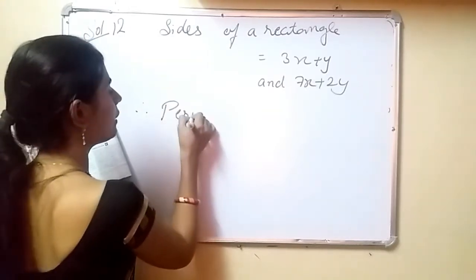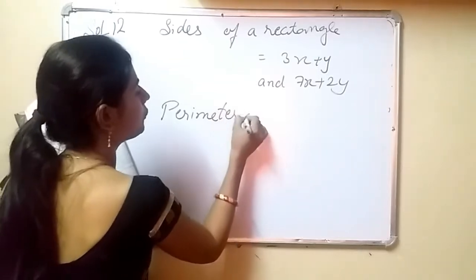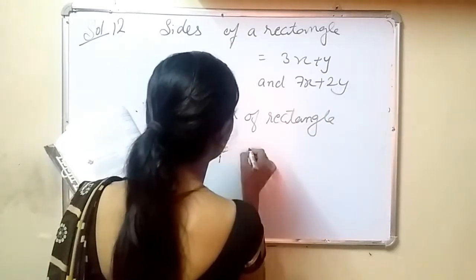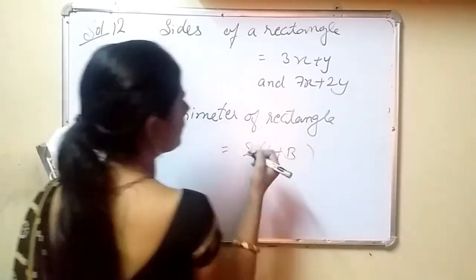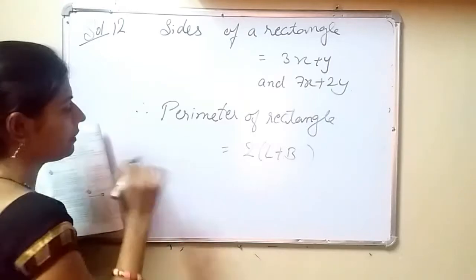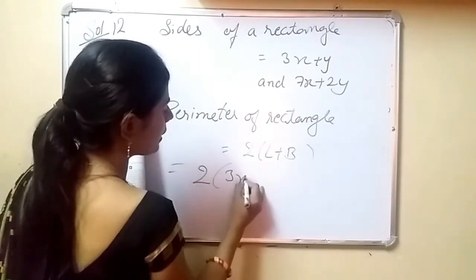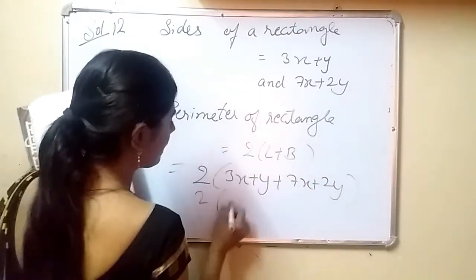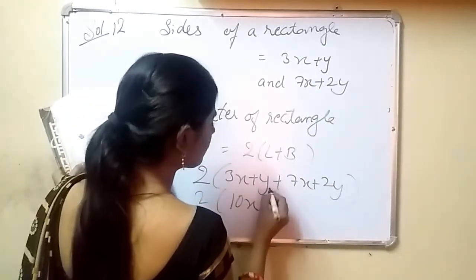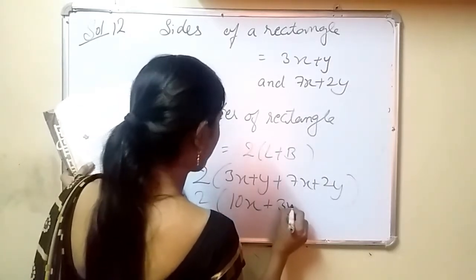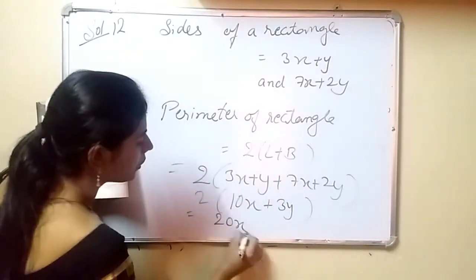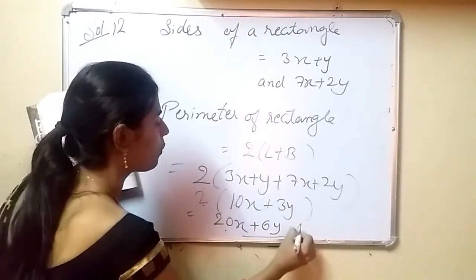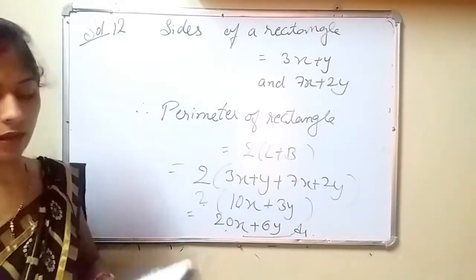So the perimeter of a rectangle is equal to 2 into length plus breadth. So 2 into 3x plus y plus 7x plus 2y. So 2 multiplied by 3x plus 7x, it will become 10x, y plus 2y will become 3y. So 2 into 10 is 20x plus 2 multiplied by 3 will become 6y. So this is your answer.